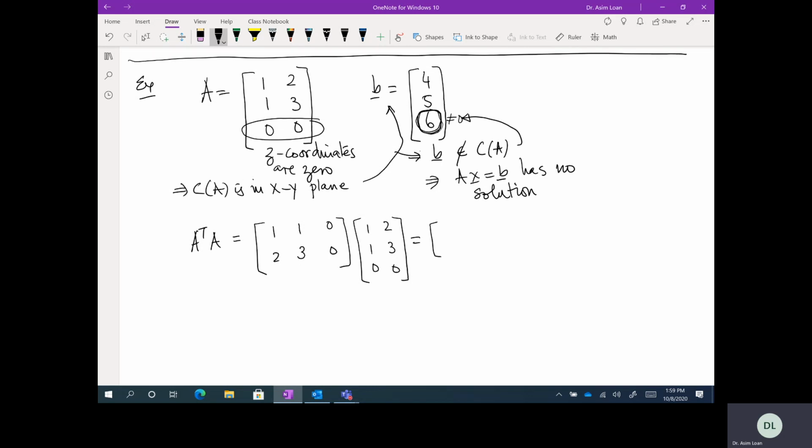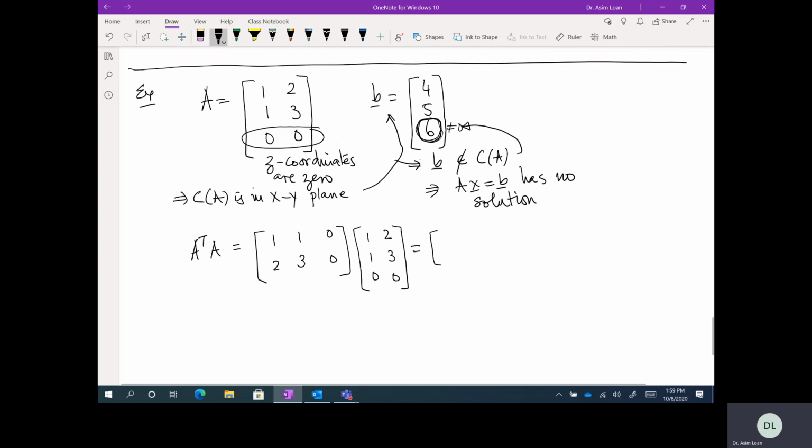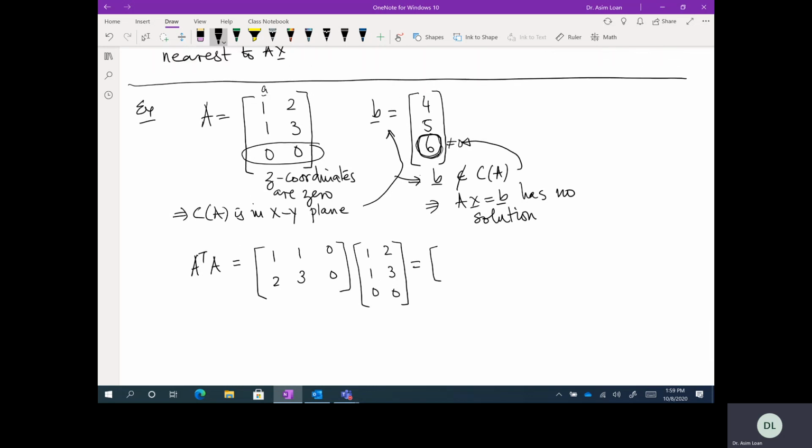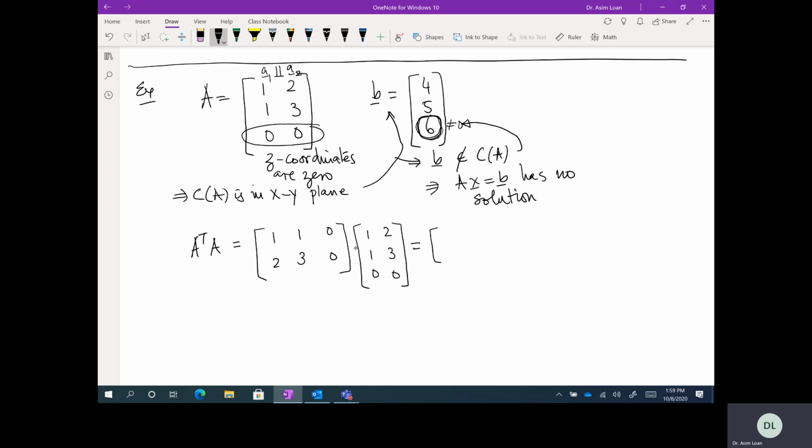Both columns are independent, so column A1 is independent of A2. They are not multiples of each other. So we'll get 1, 1, 1, 2 here, 3, 2, 5 here, 2, 3, 5 here. So it's symmetric also, and this is a symmetric matrix.